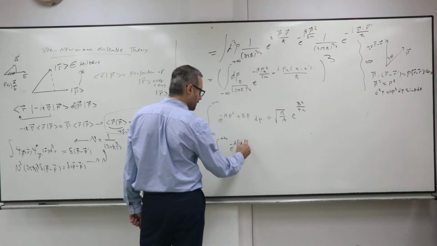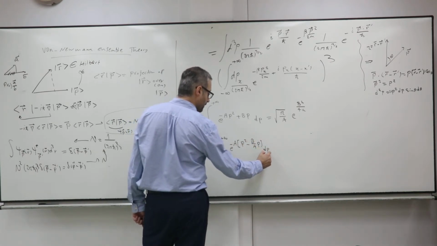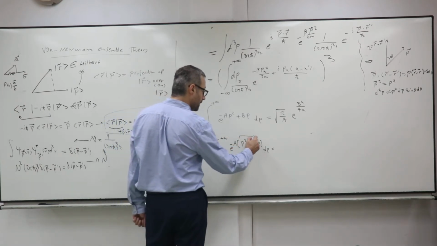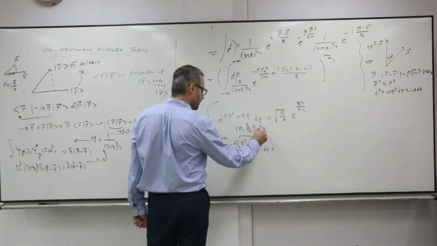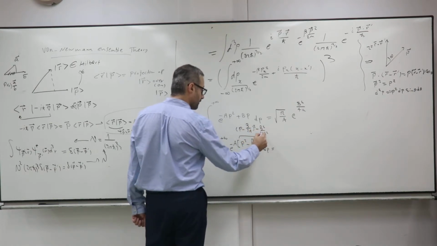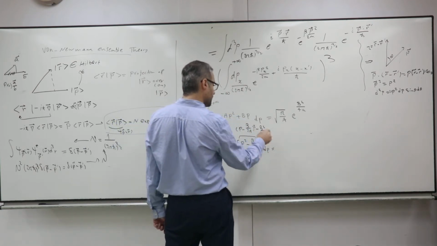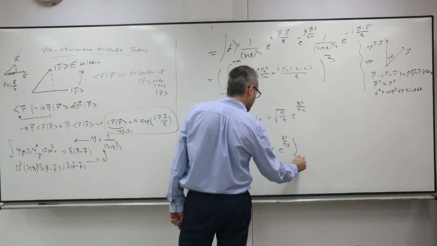Okay. And make it this complete square. So the integral will be minus a multiplied by this, e to the b squared over 4a, integral of this.